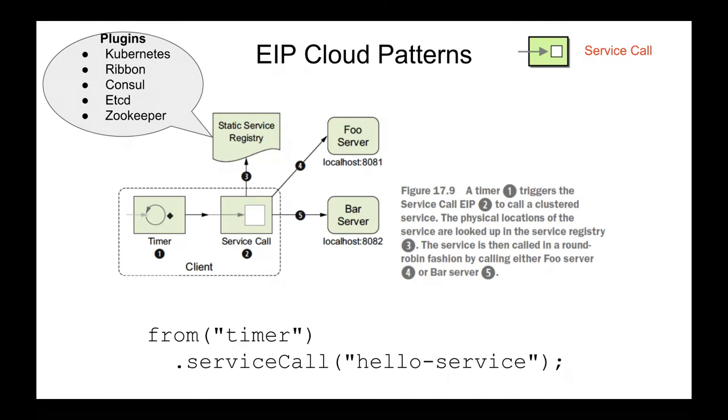Off the top of my head, there might be a situation where you really need some powerful client-side algorithm to decide which physical node to use for calling a service, and you cannot use the default from Kubernetes or the one that Istio might provide. Then you can use this service call pattern in Camel and plug in your own algorithm to decide what to do.